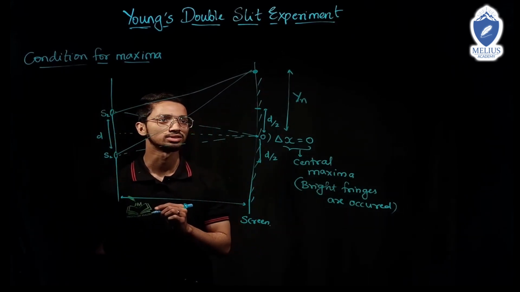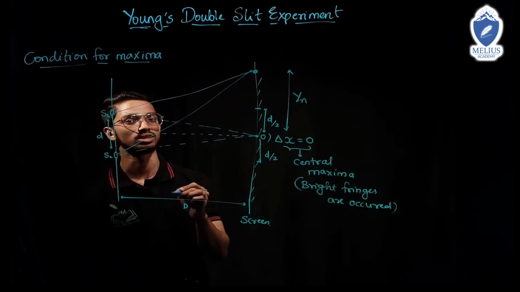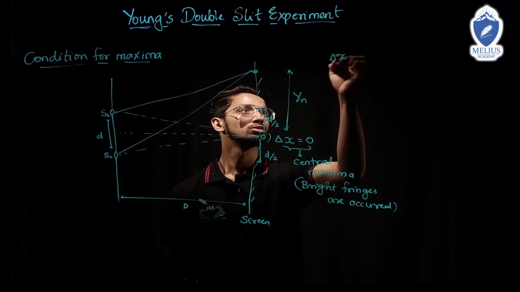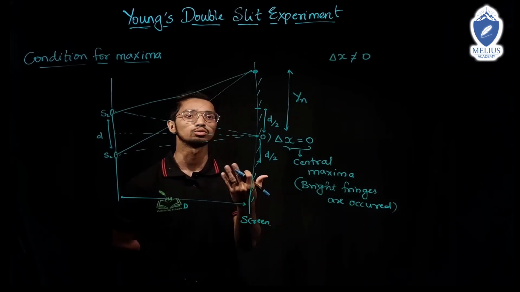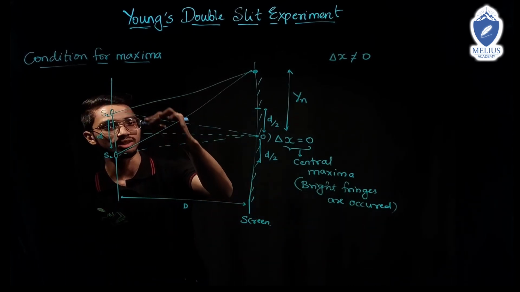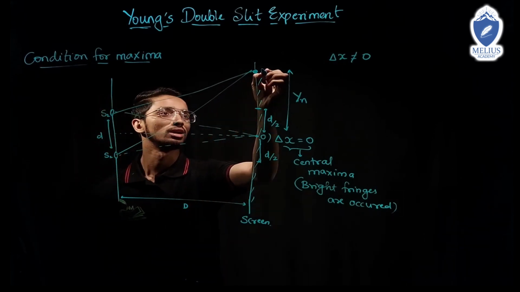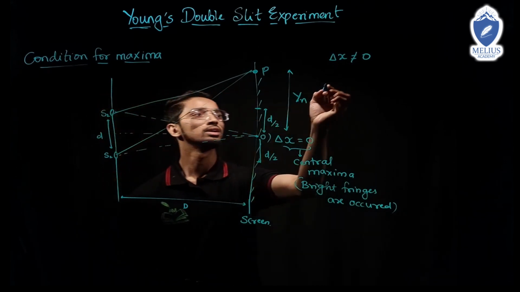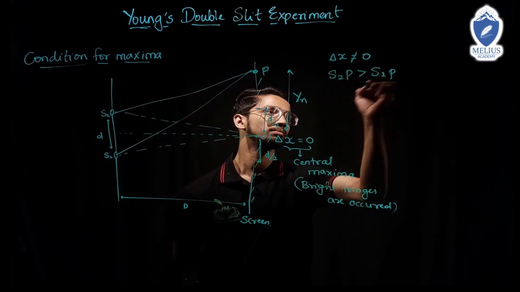Both have different paths, right? Then delta x is not equal to 0 here. Delta x will be the difference between these two. Let us assume this point as P. Which is greater, S2P or S1P? S2P is greater than S1P.